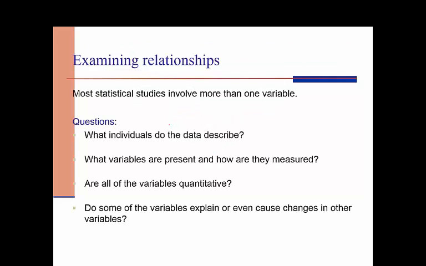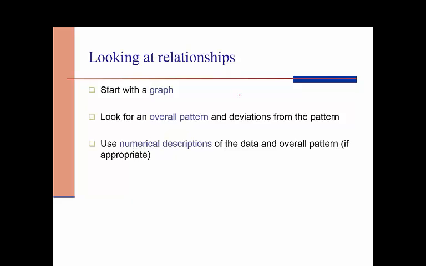Okay, so first, when we're building models, we have to understand what we're doing. We're trying to build a relationship between y and x, right? Now, usually, what we can do is we start with a graph, right? To look at relationships. What kind of a graph would you look at if you're looking at two numerical variables, and you want to see a pattern between those two variables?